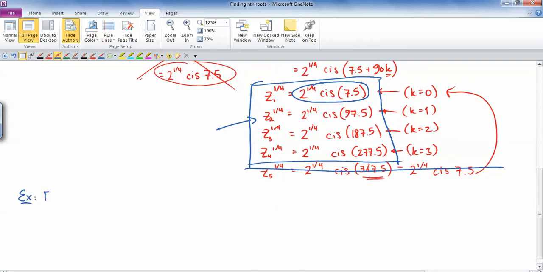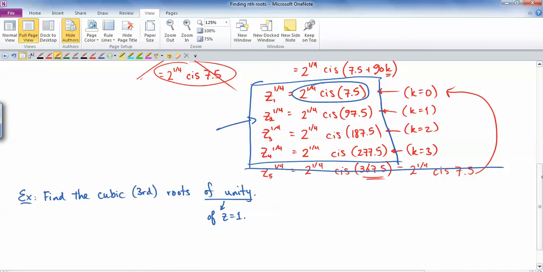This is find the cubic roots, which are the third roots, of unity. And of unity really just means of z equals 1. That's just a fancy way of saying z equals 1.